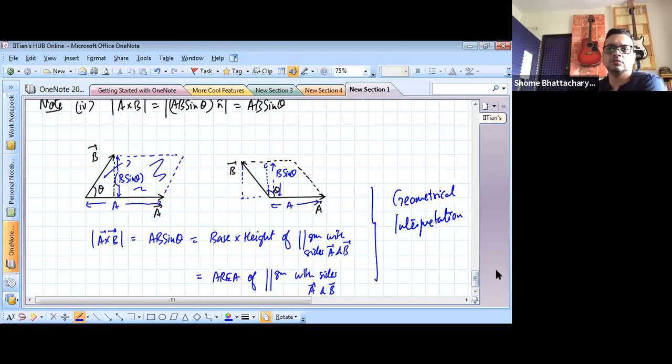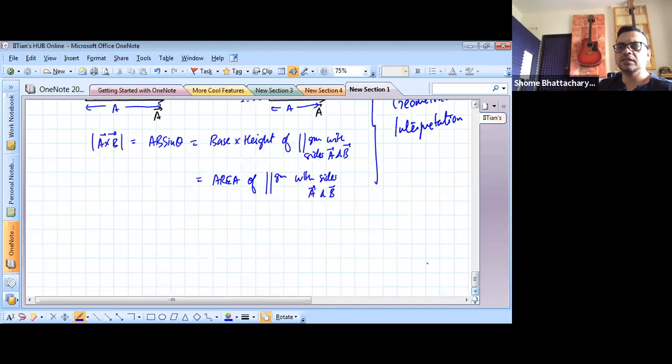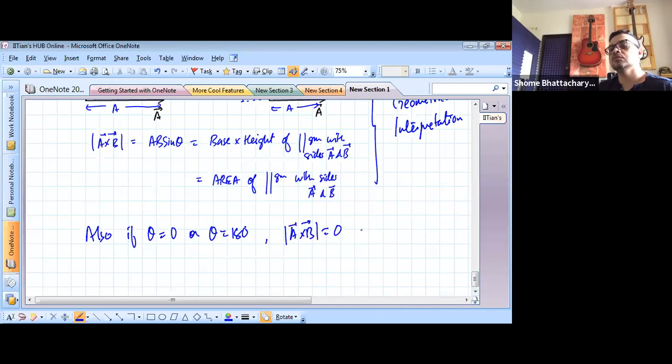Okay, and of course, if the angle theta is 0 or 180, there is no area. That's why it becomes 0. So you can see that if theta is 0 or theta is 180, mod of A cross B becomes 0.